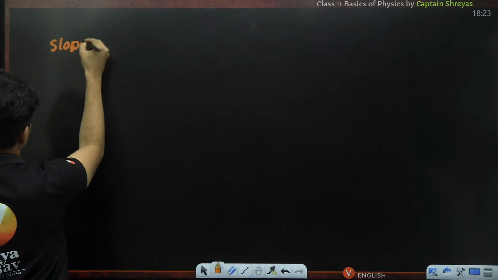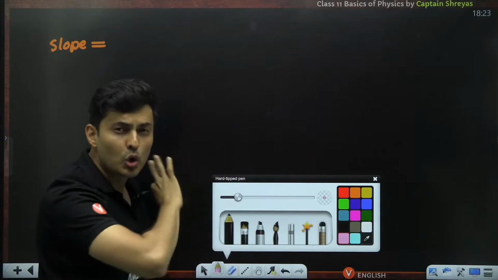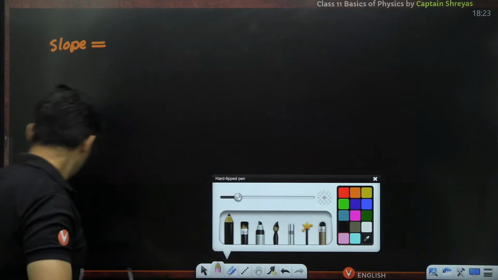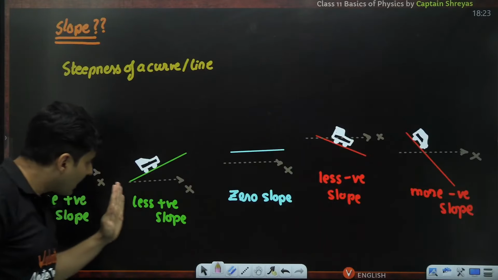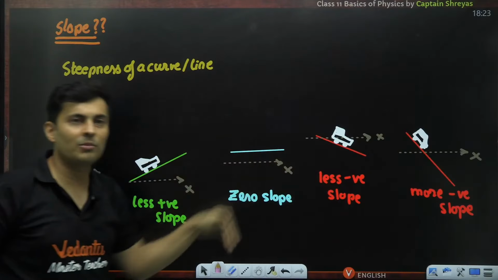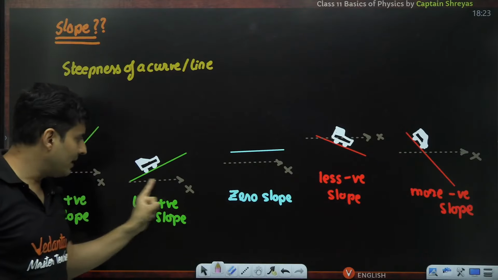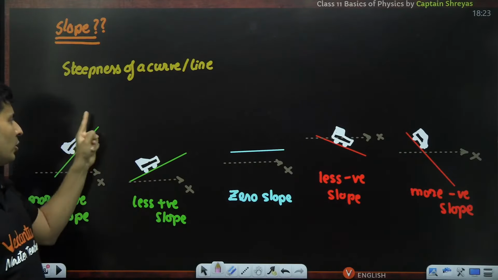The value of the slope is always, in very layman, crude terms, think like this: how much high I am going up or how much down I am going defines my slope. If I travel 1 meter and go up a lot, my slope is more.